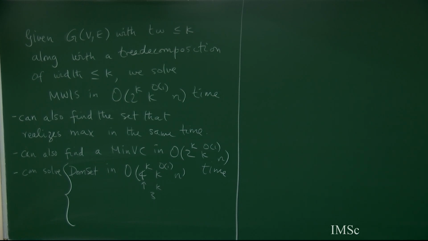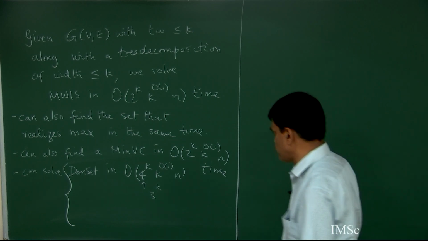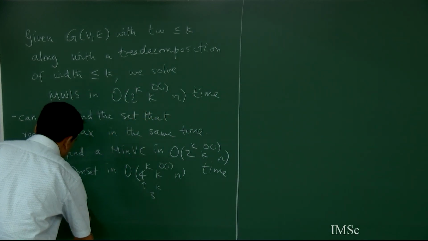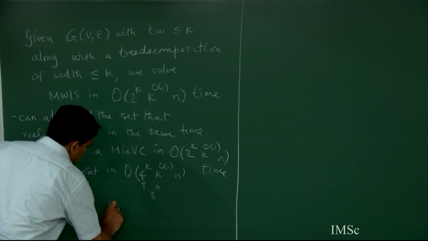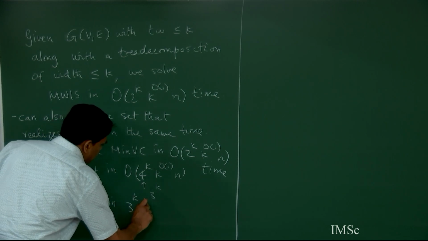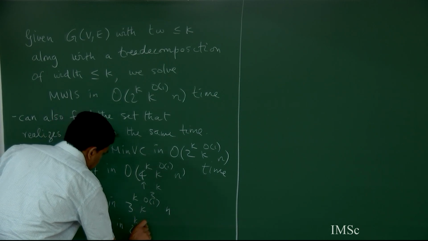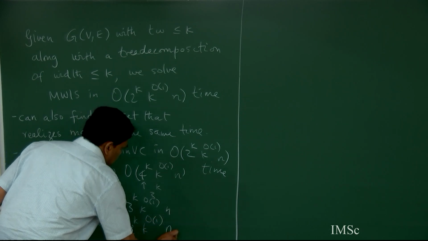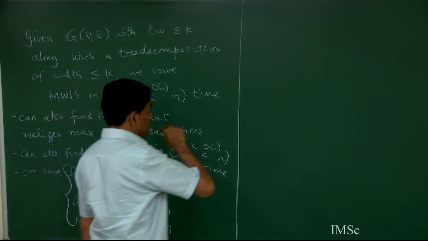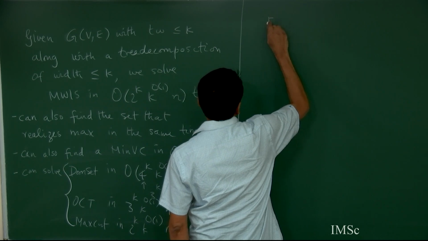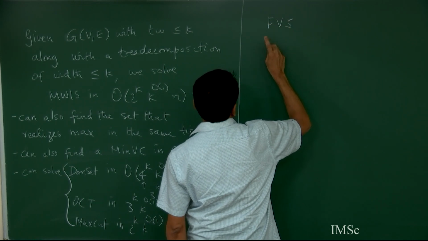So for example, you can find odd cycle transversal in 3 power k times k power order 1, and you can do max cut, and there are a whole lot of problems like feedback vertex set in undirected graphs, right?